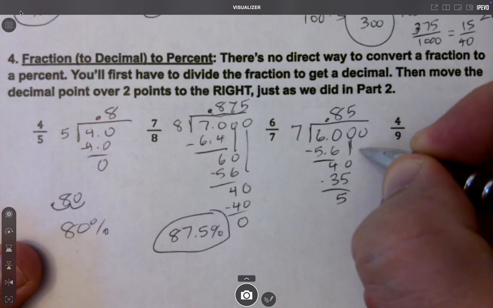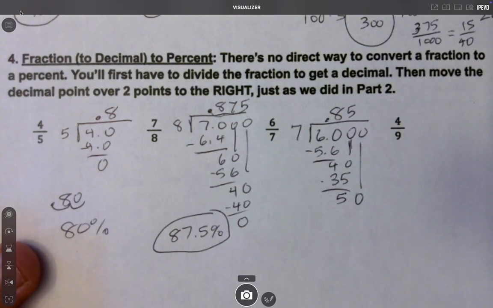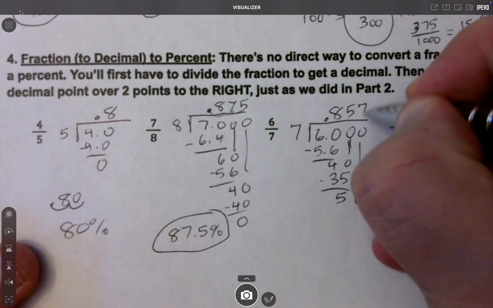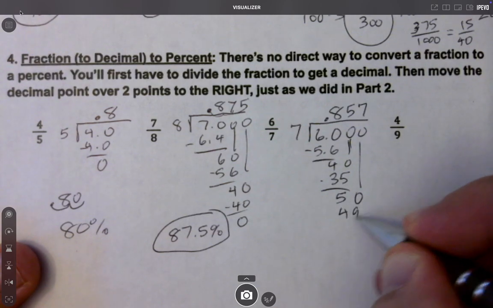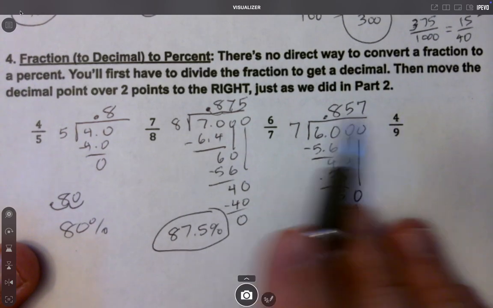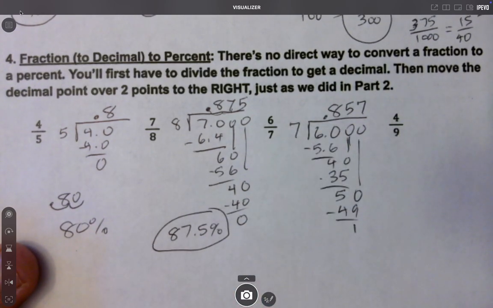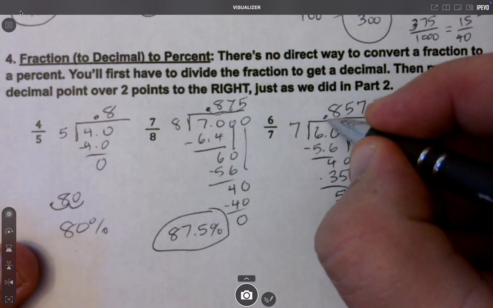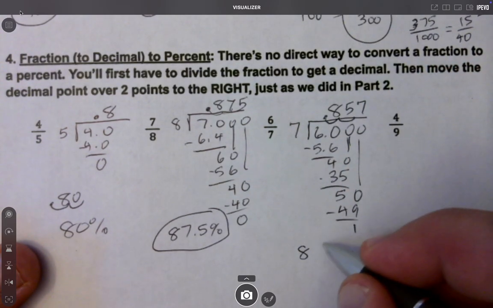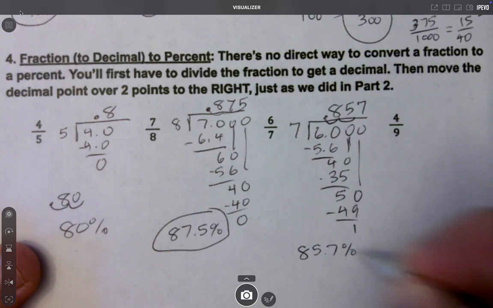Still have a remainder, put another 0. 7 will go into 50 7 times. 7 times 7 is 49. So that doesn't come out even, but like I said, that's as far as you ever need to go. I'm not going to make you go any farther than having 3 numbers. So we'll move it to the right 2 spots, and we get 85.7%.